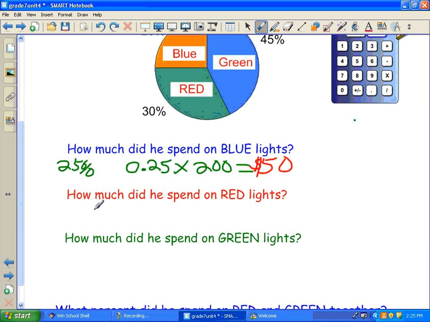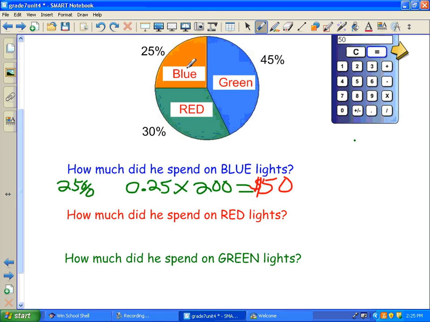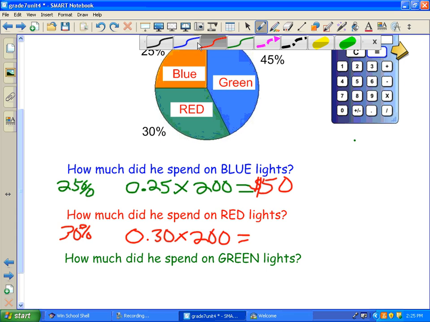I can then calculate how much I spent on red lights the same way. Yes, the red lights were 30%. So let's change that to a decimal so we can multiply it. 0.30 times, I spent 200 total, and let's see what we get. 0.30 times 200 equals $60 on red lights.